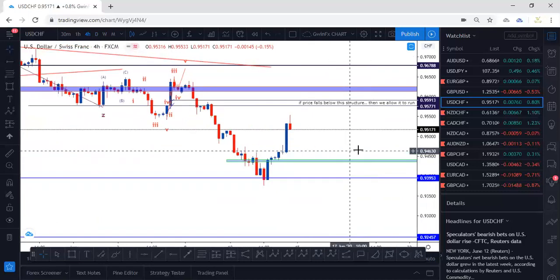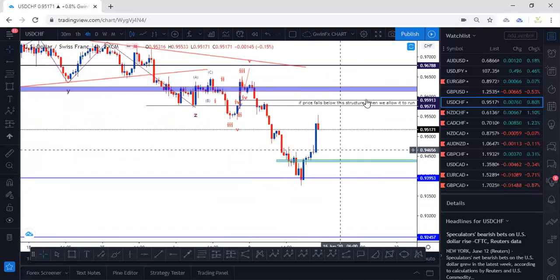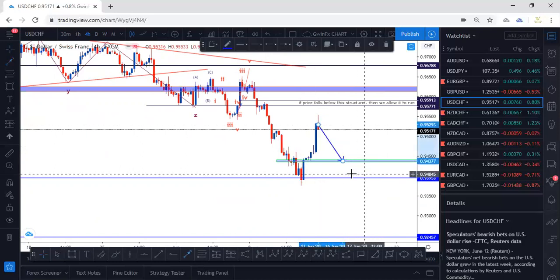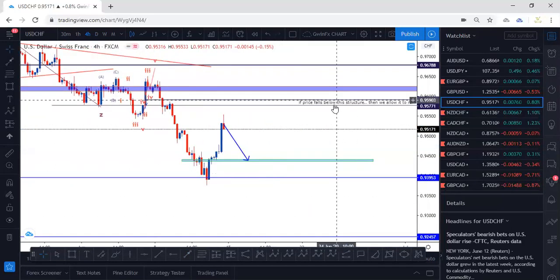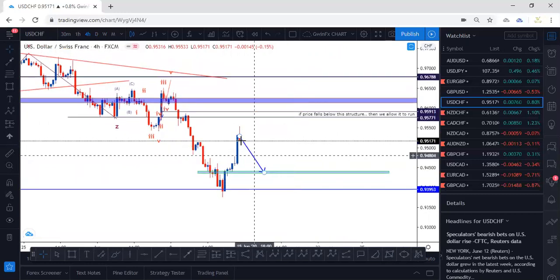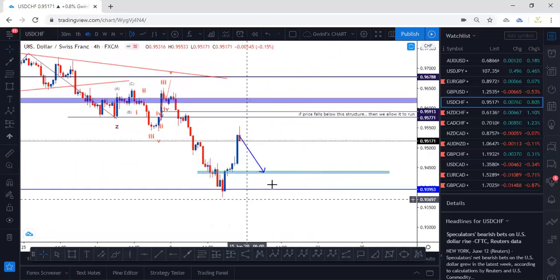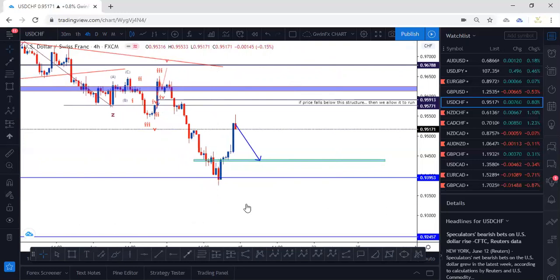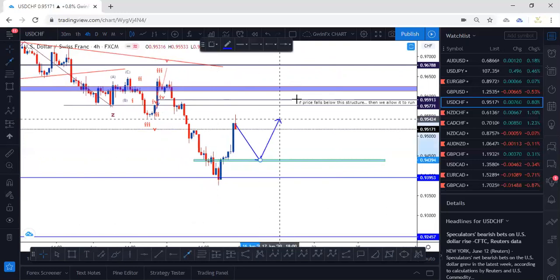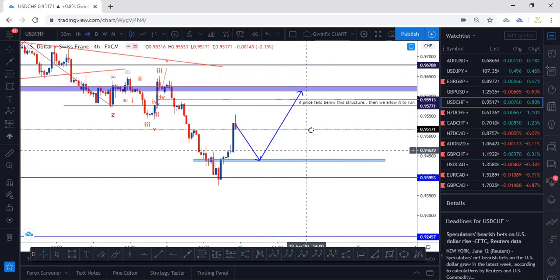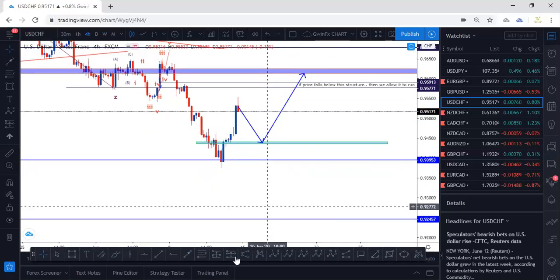So we could expect that price should then fall below here, fall back into maybe this structure in order to find liquidity to go back up. Price could fall below this structure to find liquidity to go back up, and that would give us a cool trade. We can decide to take a risk.